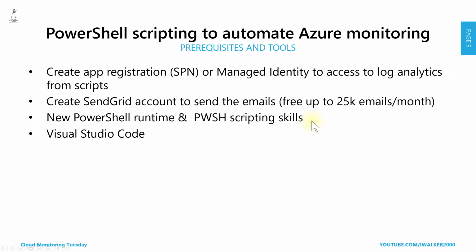And what exactly do we need to do this? For example, if we are planning to build something from scratch, there are a few options that allow you to get it done. At first, you need in Azure an application registration, or call it an SPN, service principal name, that will allow you to connect to any system with appropriate permissions and appropriate roles, to connect to different Log Analytics objects to take the data.